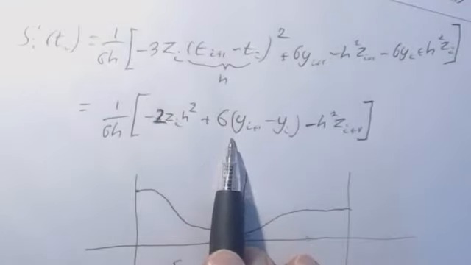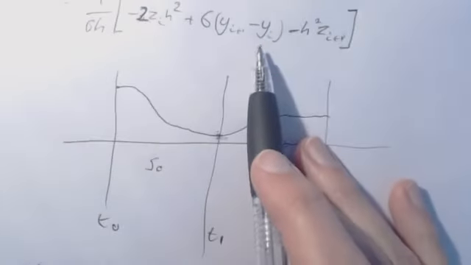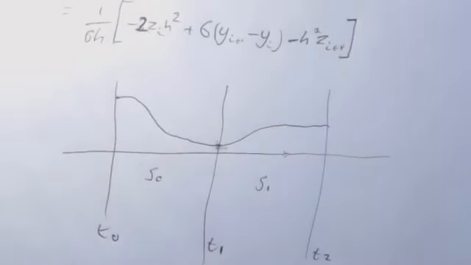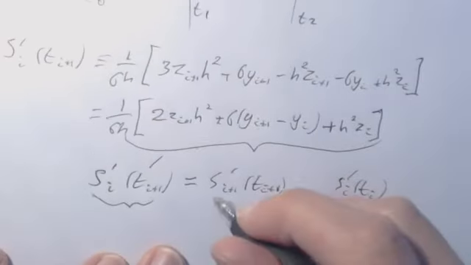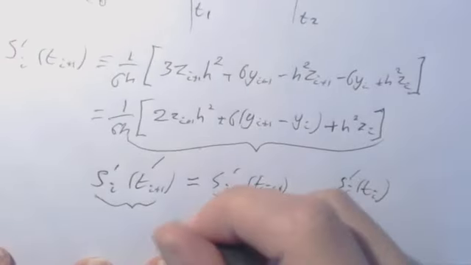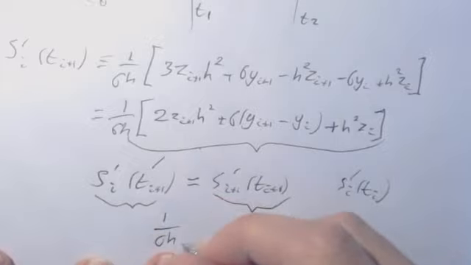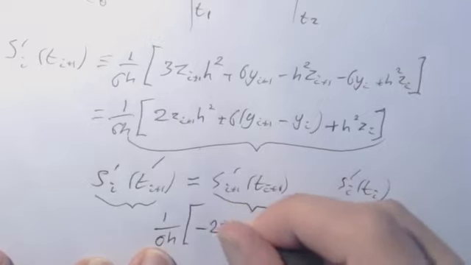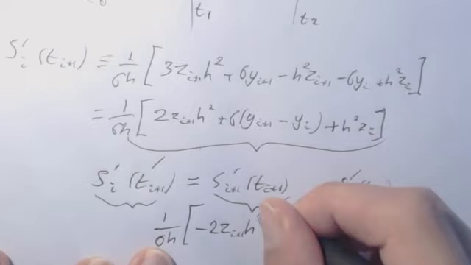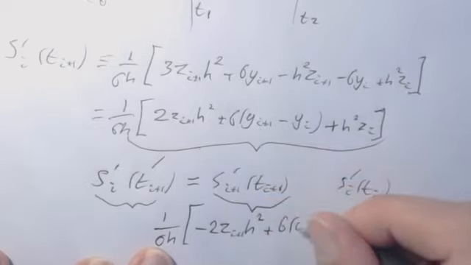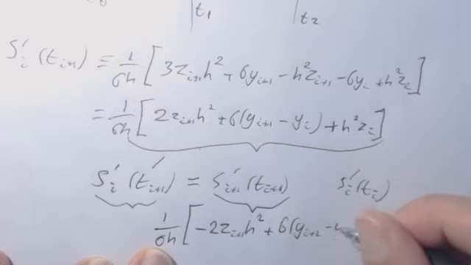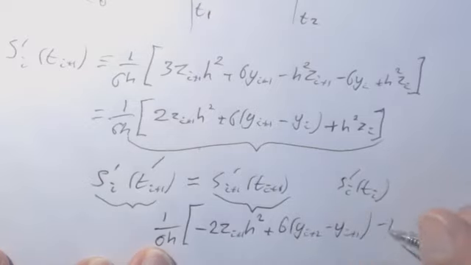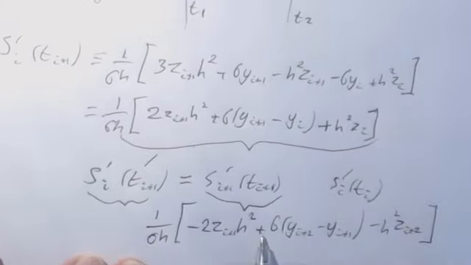So if we just add i to everything there, this term will be equal to 1 over 6h, minus 2zi plus 1 h squared plus 6yi plus 2 minus yi plus 1 minus h squared zi plus 2. So we need this to be equal to this.